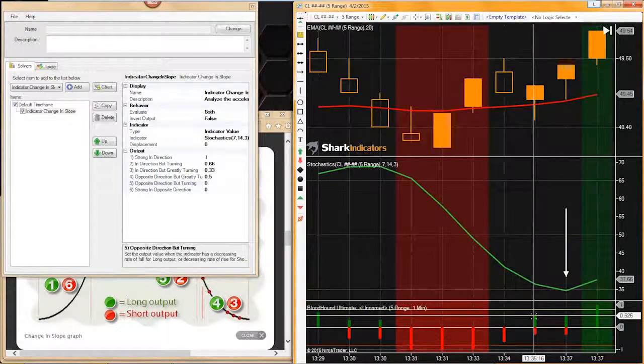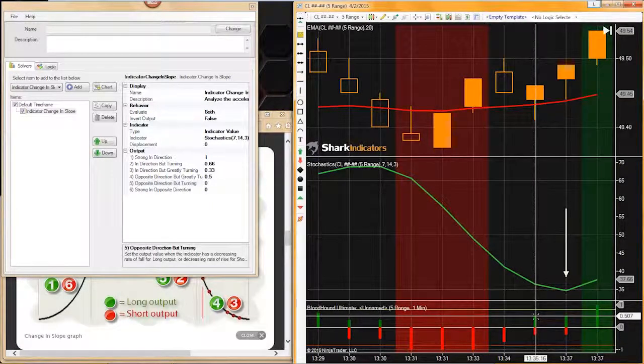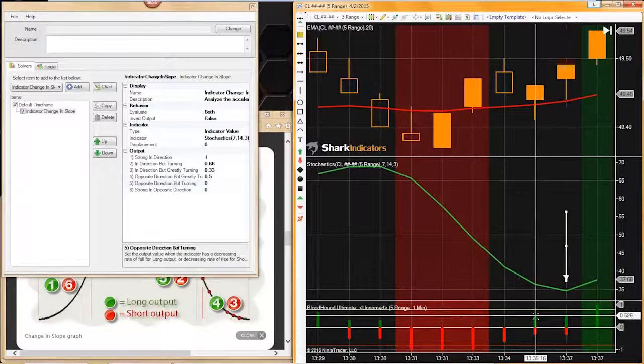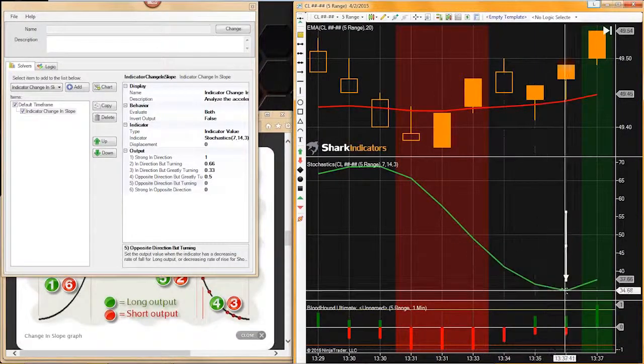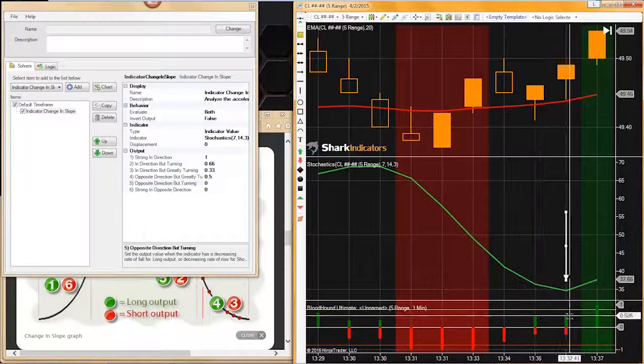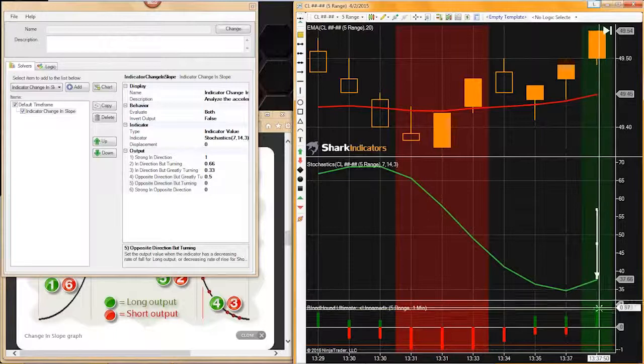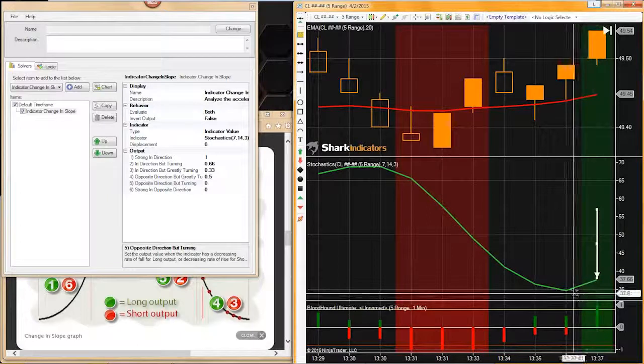The use of this, I'd say, is definitely a more advanced feature that you can use in your logic. This really gets into the advanced capabilities of Bloodhound's fuzzy logic. As we look at these two bars, as the stochastic begins to flatten out, we get a 0.5 on the output, and then eventually the stochastic does roll up, and we get a 1 on the output here.